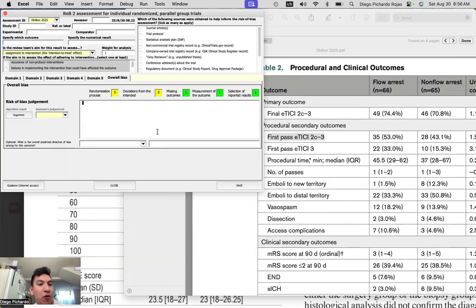So we're gonna go to the overall bias, and oh, can you guys hear me? There's some instability. All good? Okay. So at the end, we can click algorithm result, and the algorithm says that we should put some concerns, all right? So in this case, that would be it for this ROB2 assessment, all right?